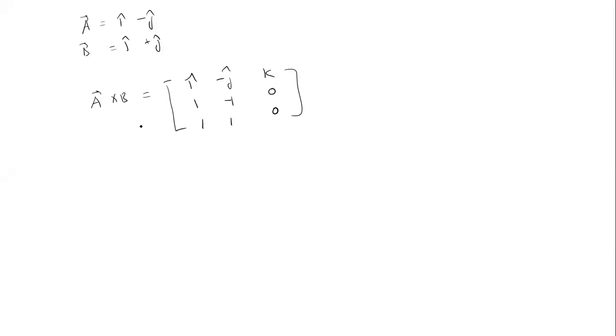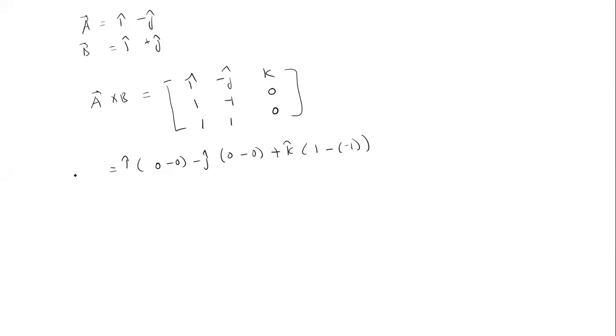Then again we use the same method. If you see the same method, we will find that I and j will be 0. I cap would be equal to 0 minus 0. J cap would be 0 minus 0 and k cap would be 1 plus 1. 1 minus of minus 1 means plus 1.